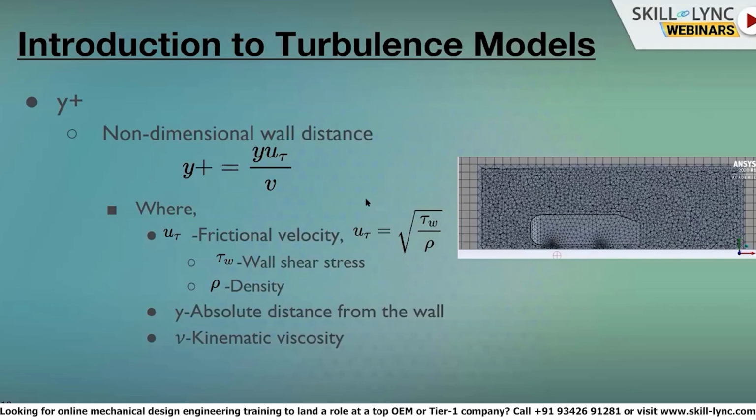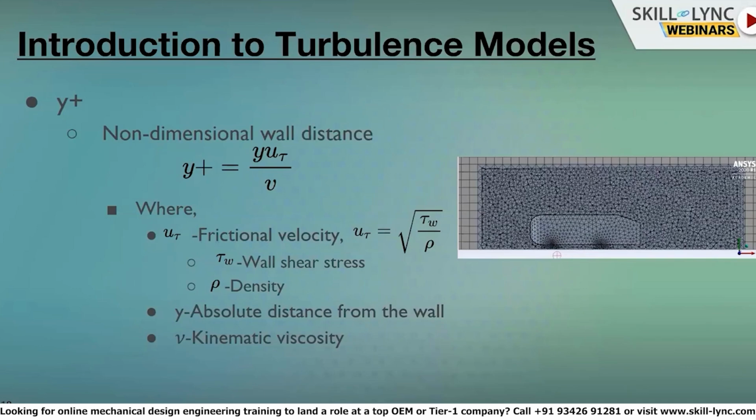Suppose you are not able to calculate the wall shear stress. Say this is your geometry and you want to put the first layer height, but you don't know the wall shear stress. We can still go with the flat plate approximation as an initial guess, calculate the wall shear stress, and calculate the absolute distance from the wall for the y plus value. Then grow the prism layers and run the simulation.